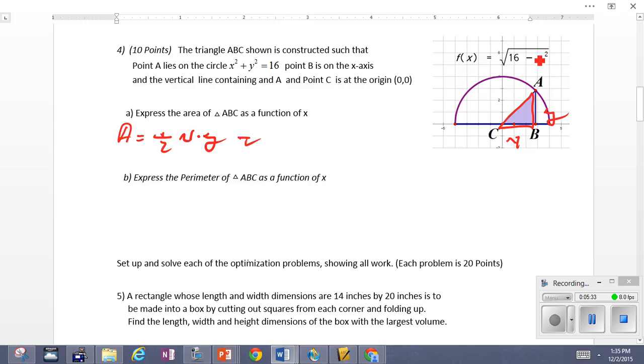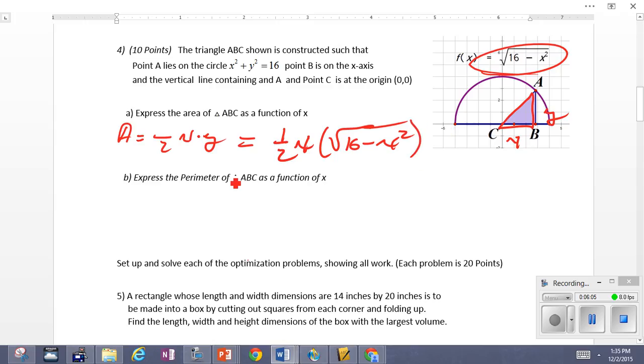Whereas y is, as expressed here, by the function, the semicircle, root 16 minus x squared. So the formula for the function expressed in terms of x is 1/2 of x times root 16 minus x squared. That's as far as we need it to go.